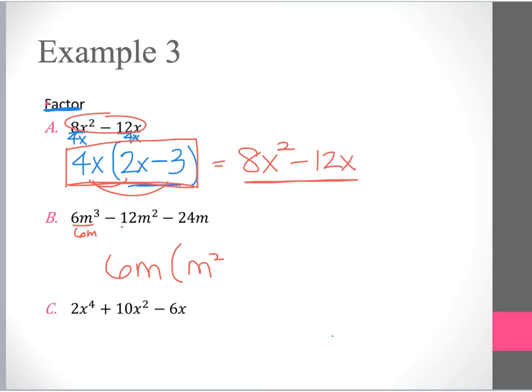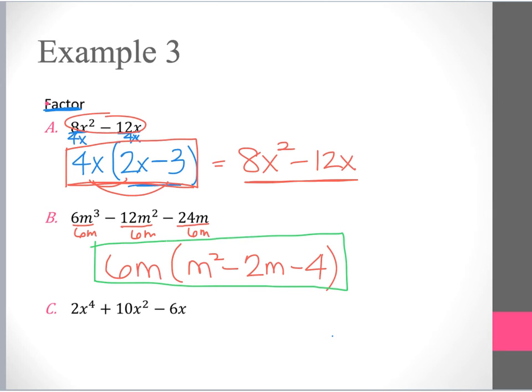Then negative 12m squared divided by 6m is going to give me a negative 2m. And then negative 24m divided by 6m is going to give me a negative 4. So my two factors are going to be 6m and then the quantity m squared minus 2m minus 4. So I have a monomial, and in this case, a trinomial.